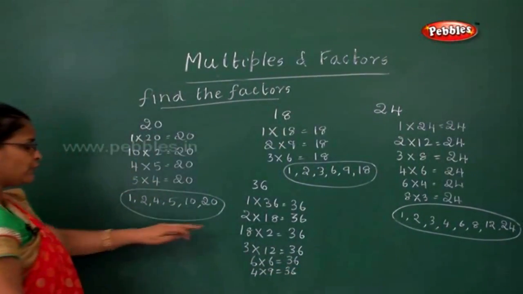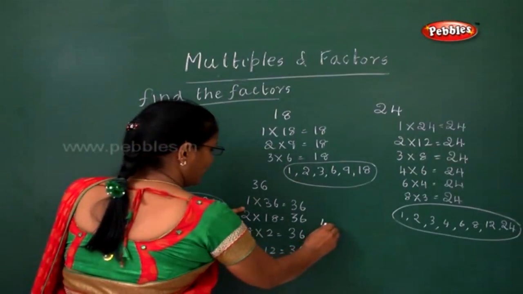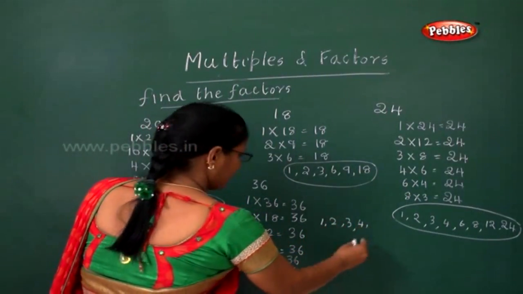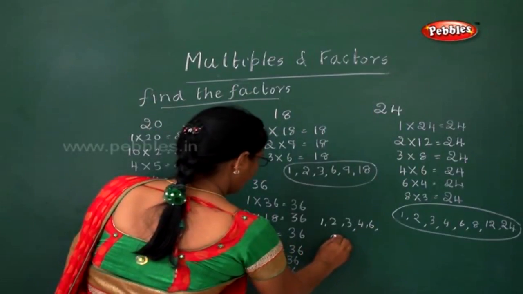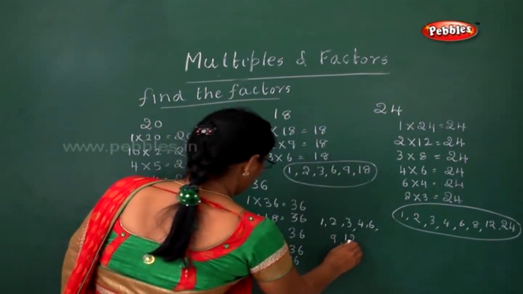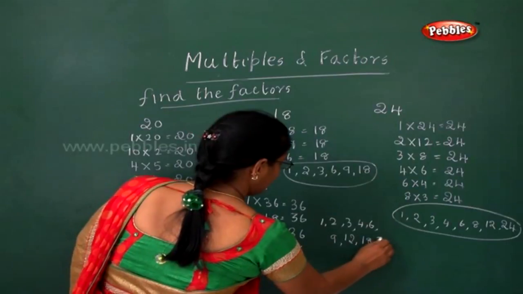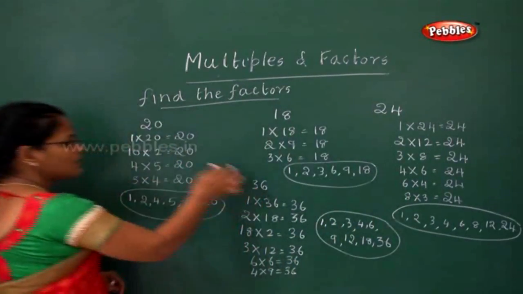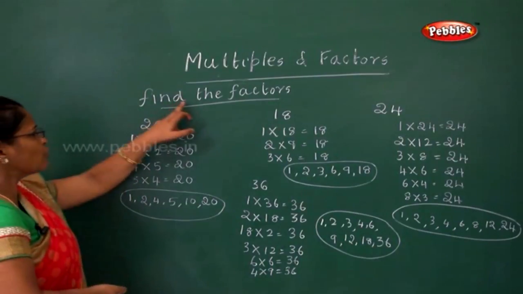Now the factors of 36 are 1, 2, 3, 4, 6, 9, 12, 18 and 36. So this is how you will write it.